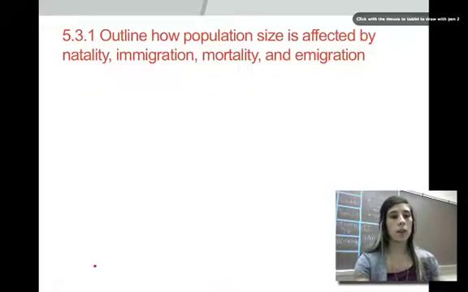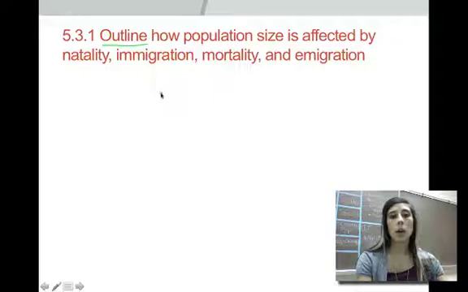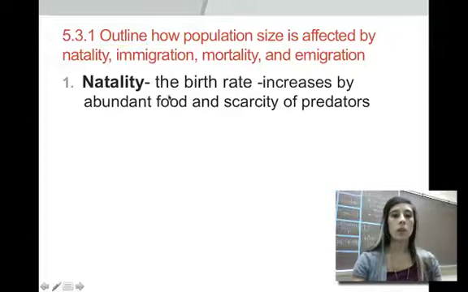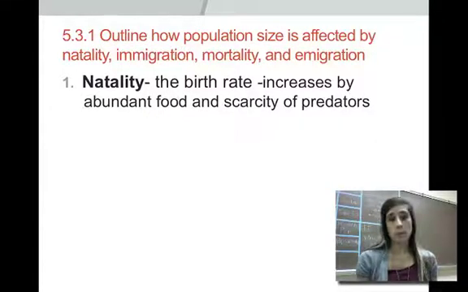So let's look at 5.3.1. With 5.3.1, we want to outline how population size is affected by natality, immigration, mortality, and emigration. So let's look at natality. Natality is the birth rate, how many are born, and this can increase due to the amount of food that is available or if there's a minimal amount of predators around.